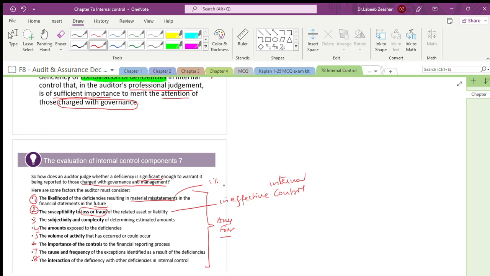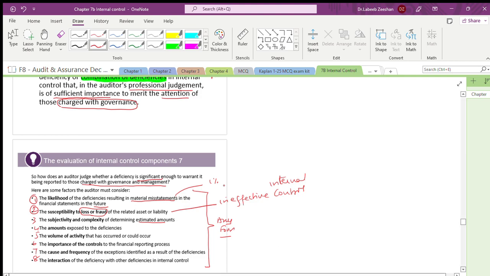Next, it says the subjectivity and complexity of estimated amounts. We want to estimate what the error will be, what percentage of error will exist. When we are estimating, there will sometimes be complexity.